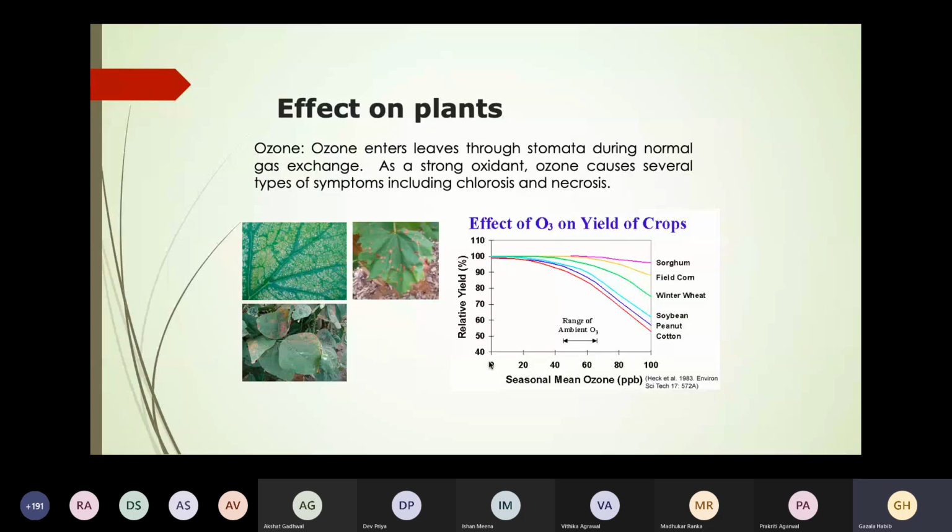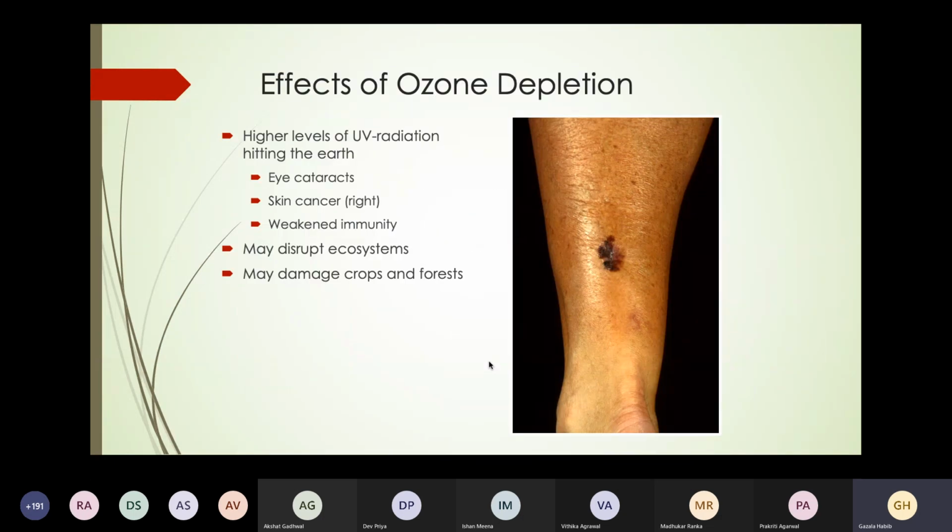I did not give the name. And this patchy brown kind of dots on the leaves is necrosis. I don't know how the name of the disease got deleted from here, but I will write it here.